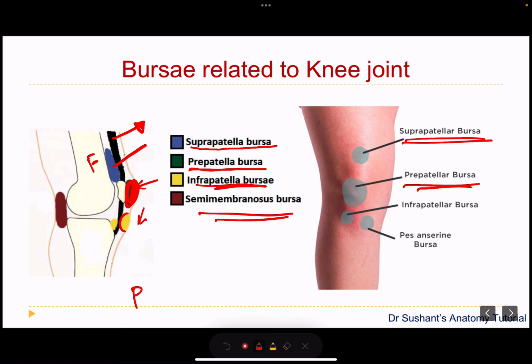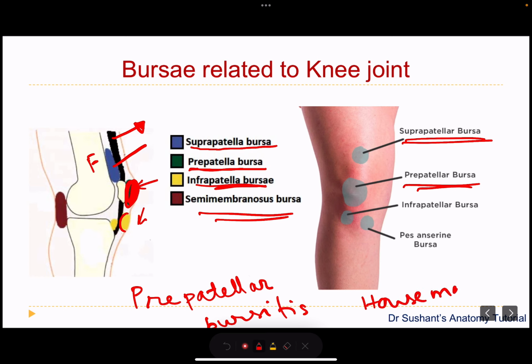It is called prepatellar bursitis, also known as housemaid's knee. So that is when you kneel down. We will talk about it in a bit. So that is the subcutaneous prepatellar bursa.